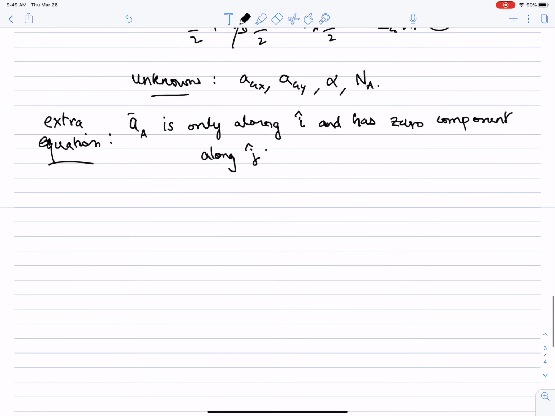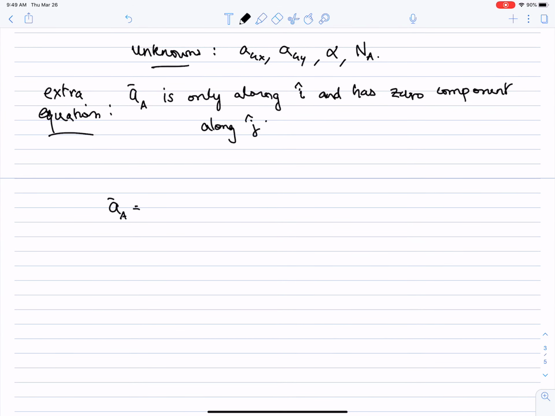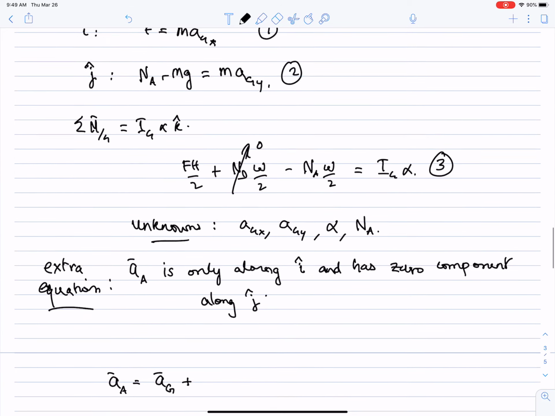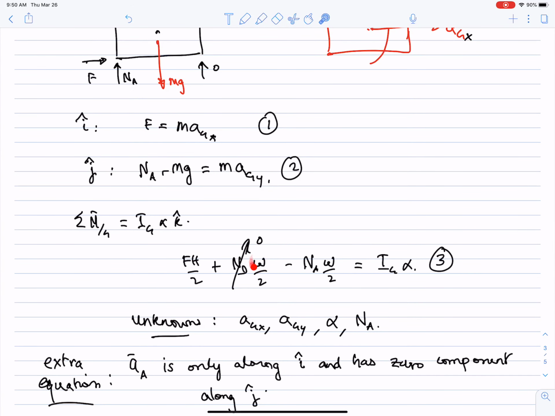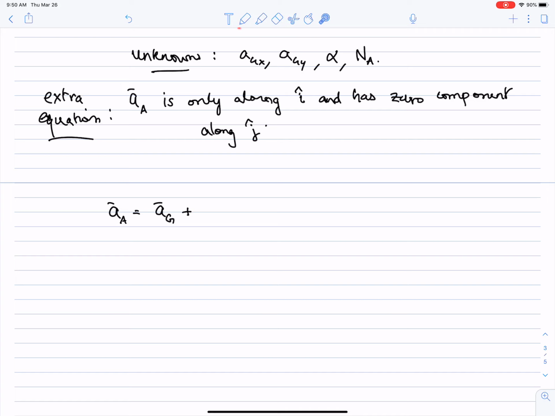So how do we get that equation? We can write an expression like our previous homework: AA equals AG minus omega squared r_A with respect to G plus alpha K cross r_A with respect to G. It's unfortunate that we started using the symbol W for the width, but we also have this omega.